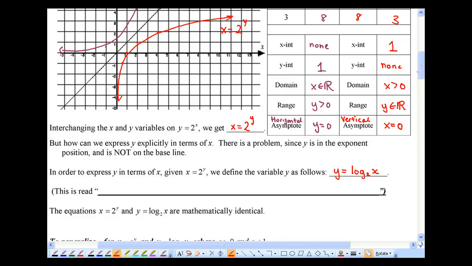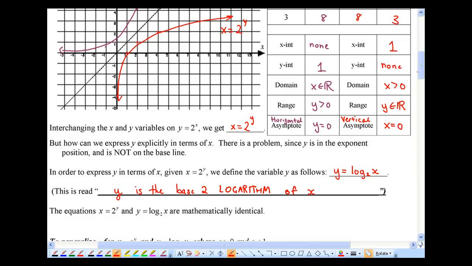And this is read as y is the base 2 logarithm, and there's our keyword for today, logarithm of x. Okay, y is the base 2 logarithm of x, or y equals log base 2 of x. Okay, those are two ways of saying it.